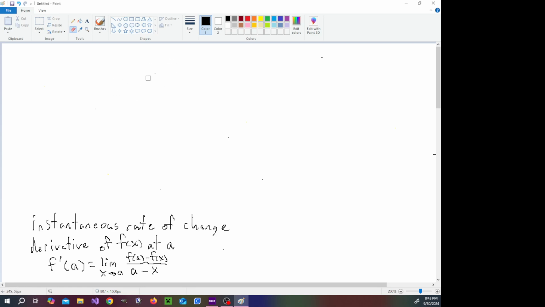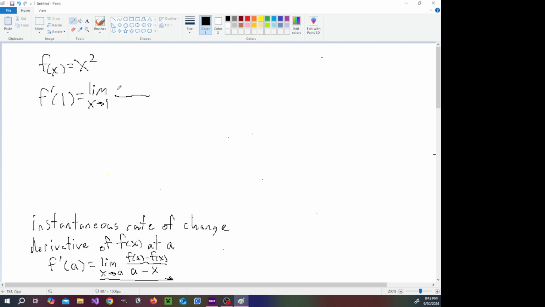So just from this definition that we have right here, if we're looking at the function x squared, if this is f of x, then f prime of x, and let's say at 1, would be the limit as x goes to 1, right? I'm just copying the definition from down here.